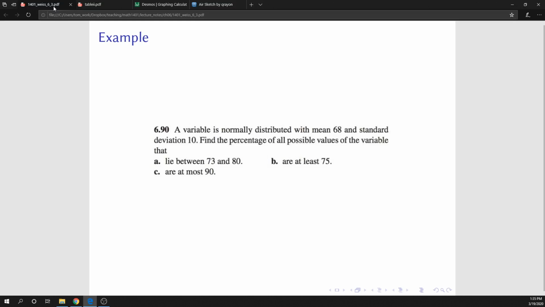All right, so on part C, we want at most 90.